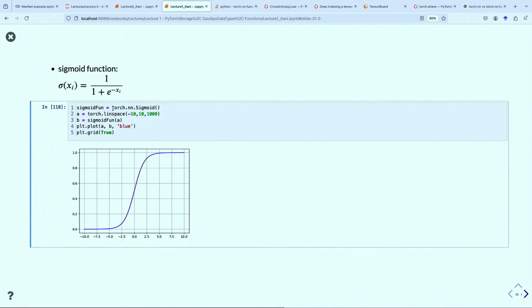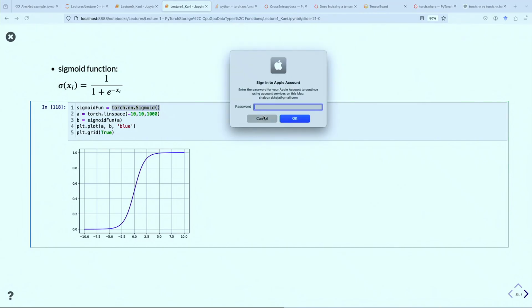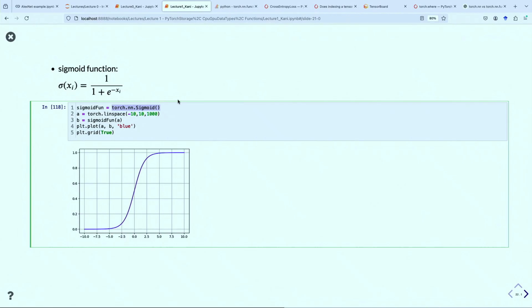You simply define the function, call the function, and plot it. This function goes between 0 and 1, because if x is negative, then this value goes to 0, and you have 1 over 1. If x is positive, then this value becomes big, and 1 over 1 plus some big number gets closer and closer to 0.